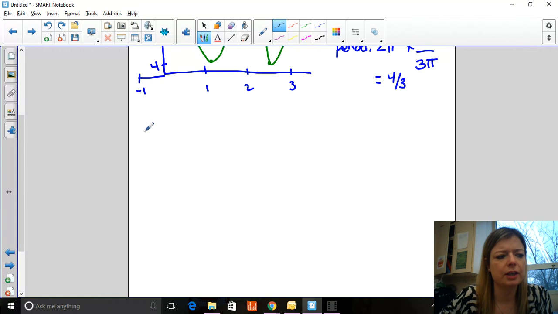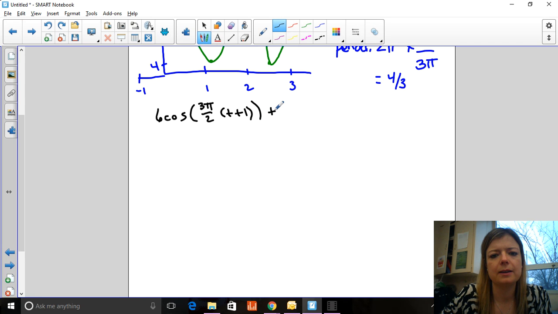So I set my function equal to 12. So 6 cos(3 pi over 2 t plus 1) plus 10 equals 12. Okay, so I then move over 10 and divide by 6.